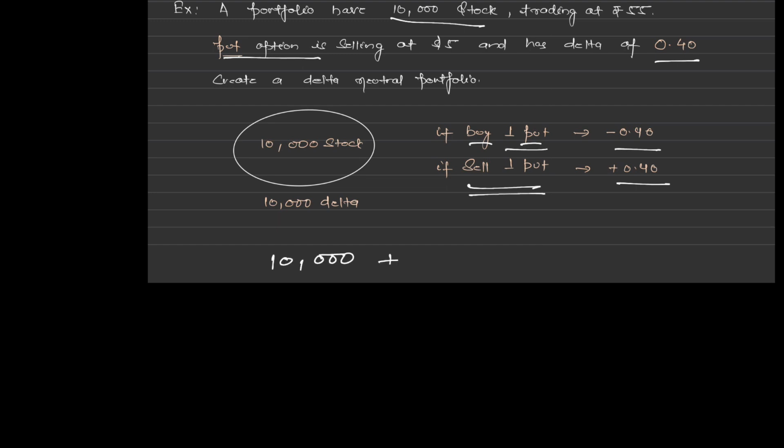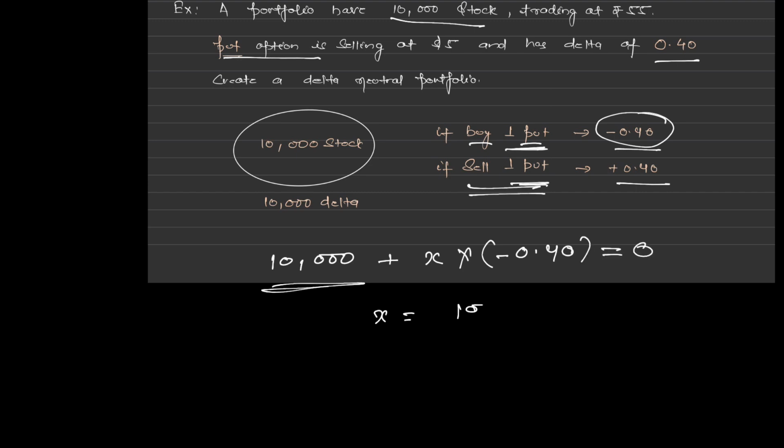Okay, so I have positive 10,000 delta. What should I do? Should I buy the put or sell the put? I have to buy the put because I want negative delta so that it can compensate for the 10,000 positive delta. So X into negative 0.40 plus 10,000 equals 0. So X is equal to 10,000 upon 0.40, that will give you 25,000 puts.